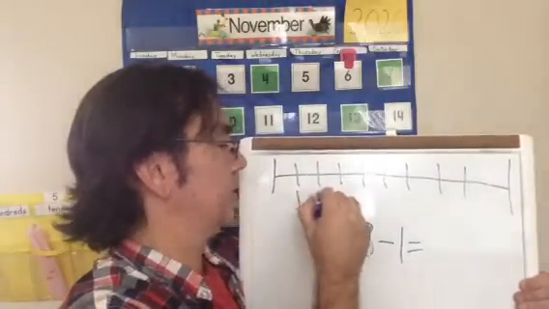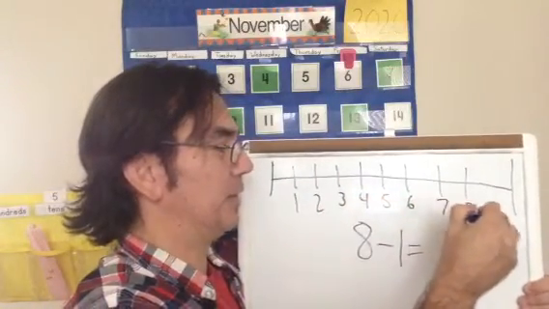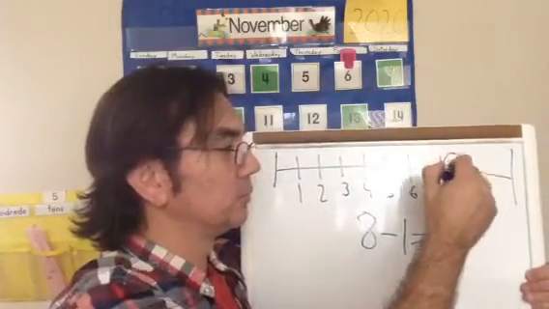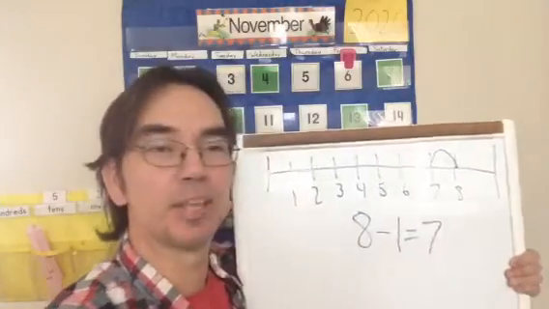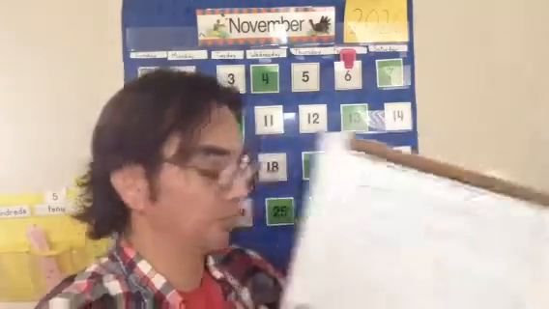There we go. 1, 2, 3, 4, 5, 6, 7, 8. 8 count back 1. What does that give us? Gives us 7. Right? Look at that. It works for other numbers also.